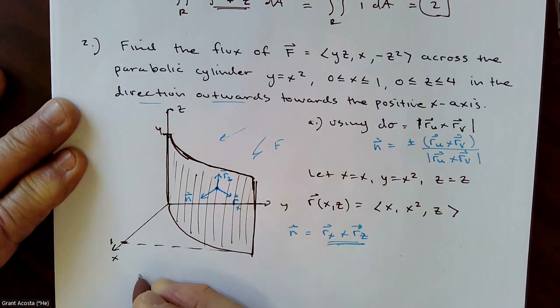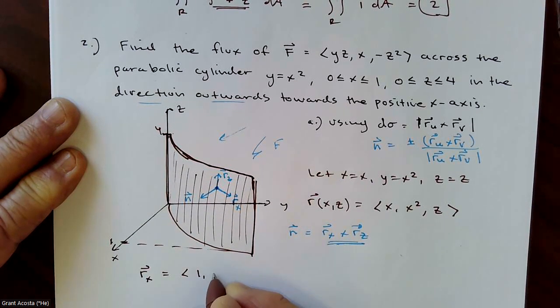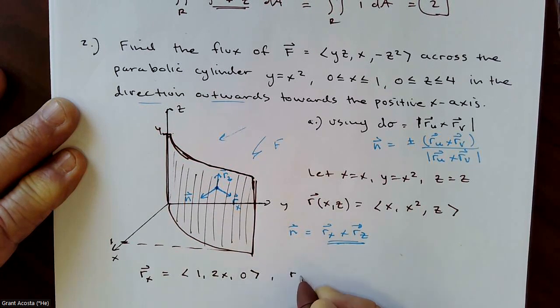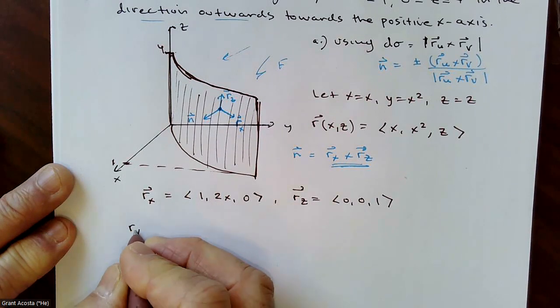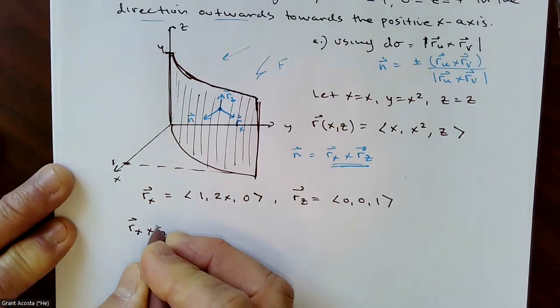R sub x is 1, 2x, 0. R sub z is 0, 0, 1. R sub x crossed with R sub z.